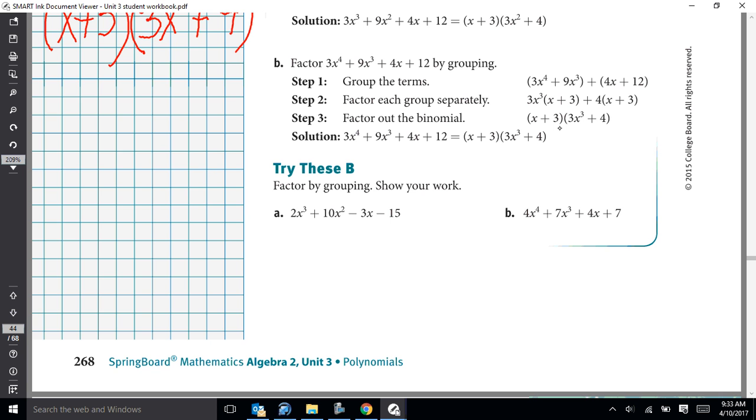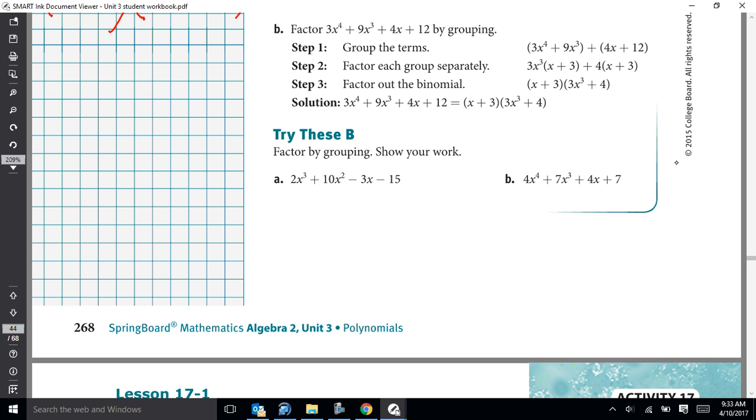Let's look at A. So we have 2x cubed. Actually, let's look at B. So we have 4x to the 4th plus 7x cubed plus 4x plus 7. Here we can take out an x cubed. And when we do that, what are we left with? x or 4x plus 7.